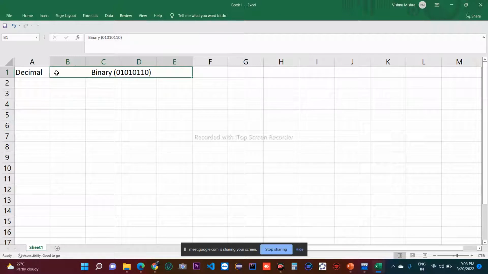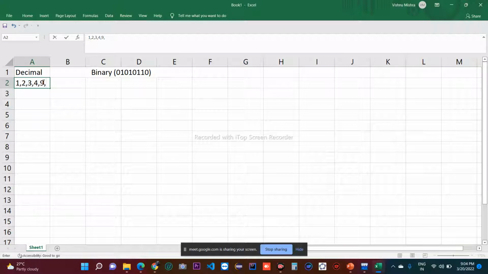So there are two number systems, the decimal system and the binary number system. The decimal number system is nothing but the normal number system that we have: 1, 2, 3, 4, like this up to 9.